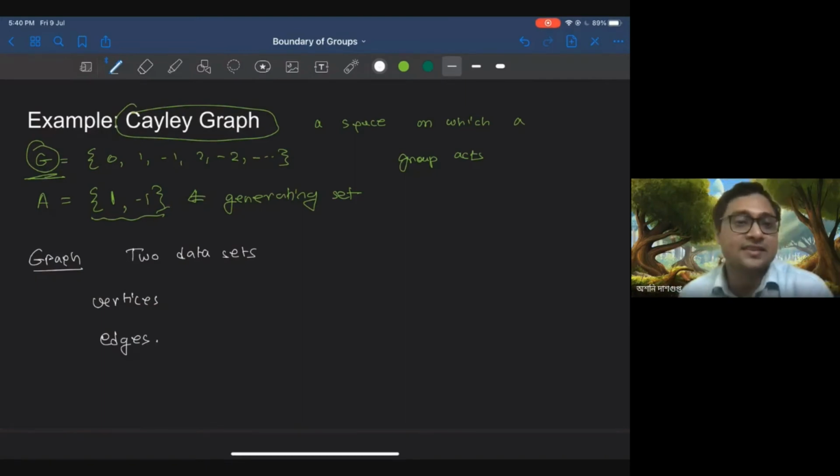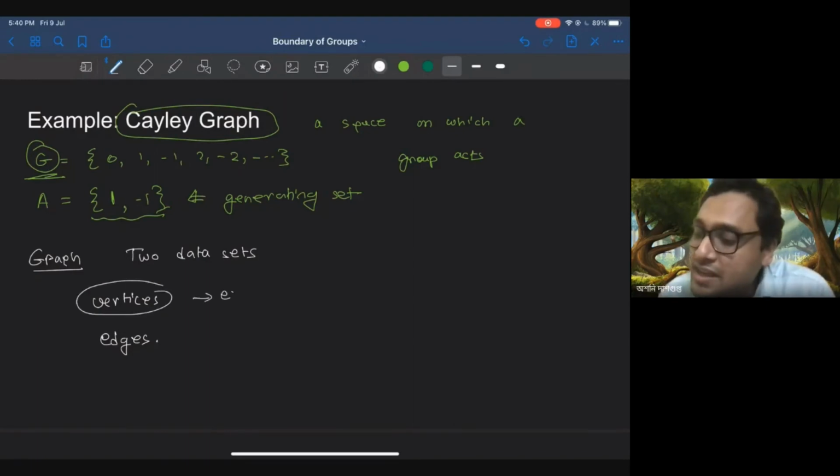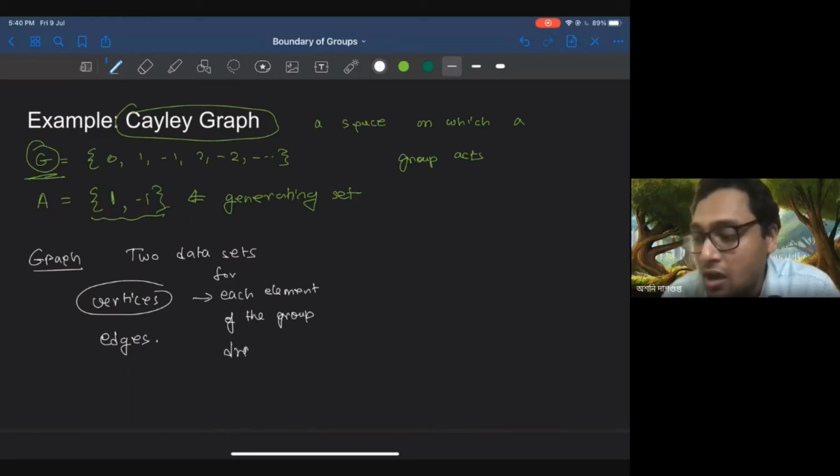Okay, so what are the vertices? For each element of the group, draw a vertex.